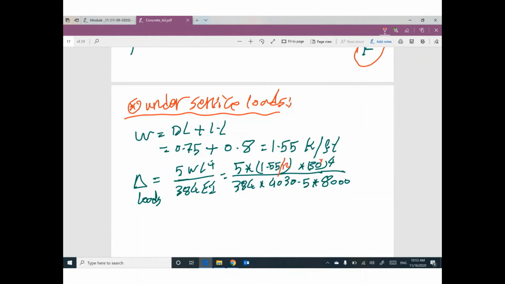I will multiply this one by 12 to figure out the final deflection. Point 876 inch down.